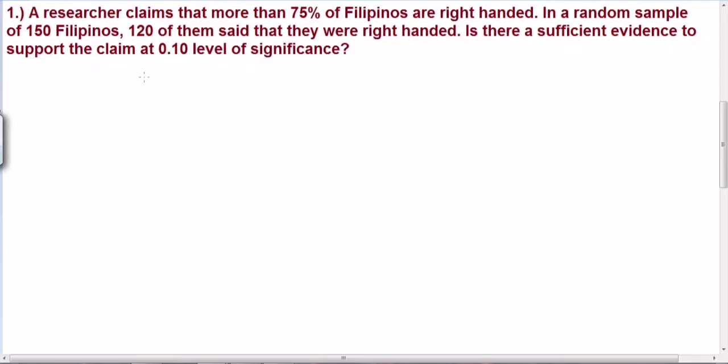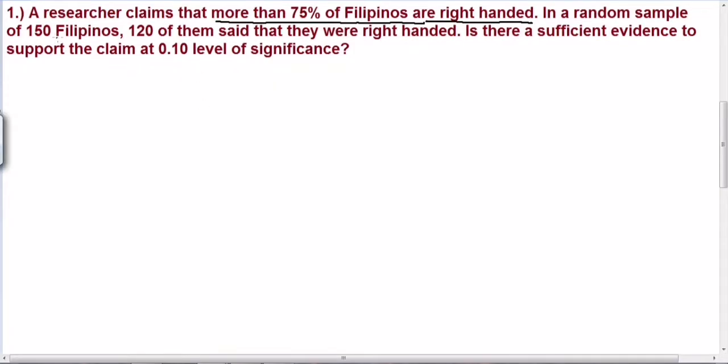Ganun pa rin, katulad sa one sample z-test, t-test. So, in this case, ang kiniklaim daw nitong researcher ay more than 75% of Filipinos are right-handed. Ibig sabihin, mas dominant daw yung kanang kamay ng more than 75% of Filipinos. So, magsimula dyan hanggang dito yung ating claim. Okay? So, yung researcher ang nakiklaim niyan. So, to test the claim, gagamitin natin yung hypothesis testing for proportion.